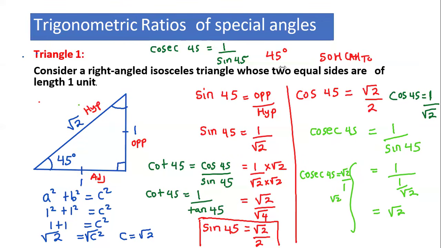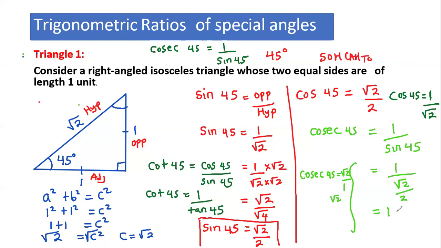Okay, members, in case you have a question, ask now. Yes, Mercy. On this part of cosec of 45, why are we using 1 out of root 2, yet we had gotten root 2 out of 2 as our last answer of sine 45? Anything, we shall come up with the same. Mercy, you'll have root of 2 out of 2, not so?